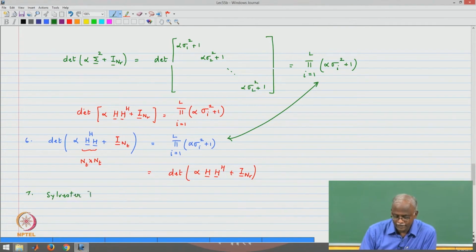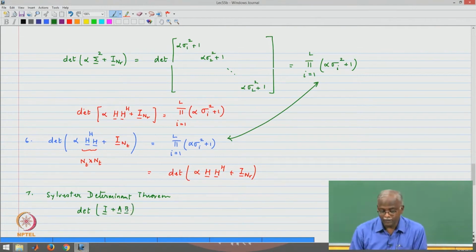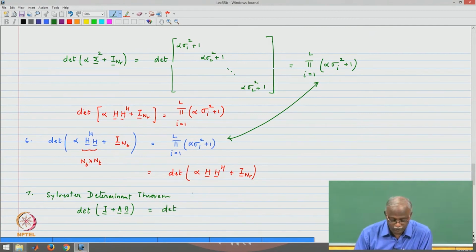The Sylvester determinant theorem states that if you have the expression determinant of I plus AB, and provided that the matrix operations AB and BA are defined, then this is equal to the determinant of I plus BA.